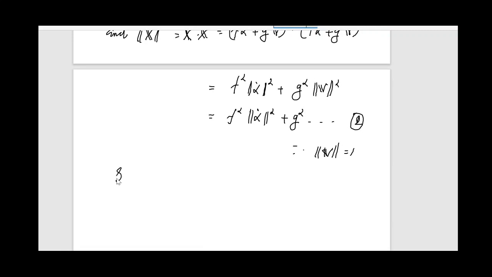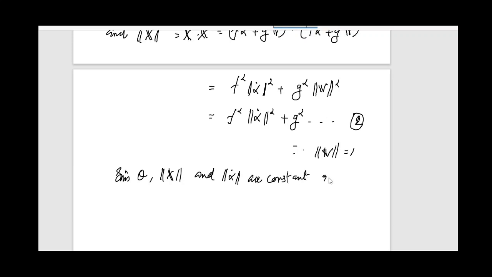Now what we have assumed constant: theta, norm of x and norm of alpha dot are constant along alpha.